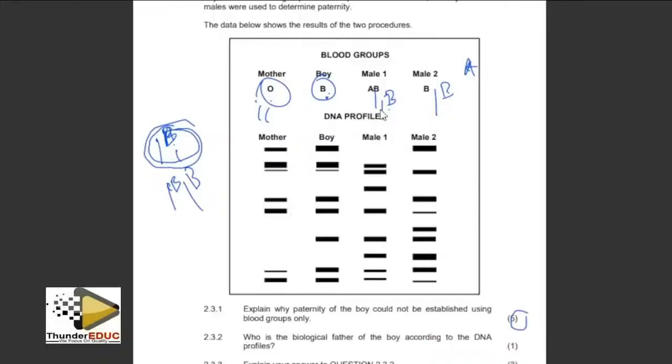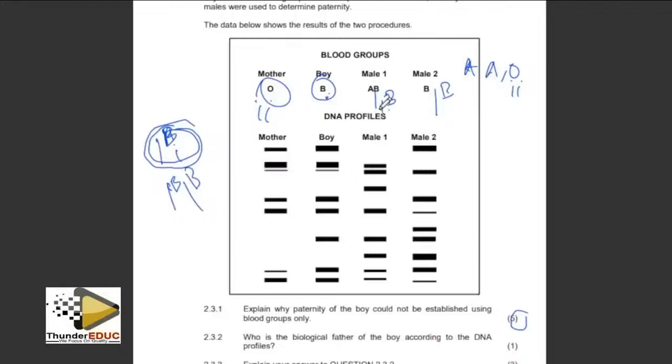You understand? And another man who is blood group O cannot be the father. So blood group A and blood group O are wiped out. Why? Because if it is small i, the boy is blood group B. There is no way this boy is going to get a B from the father who is blood group O, yet the mother is already known to be blood group O. So you can't use blood group to conclude the father of the individual.